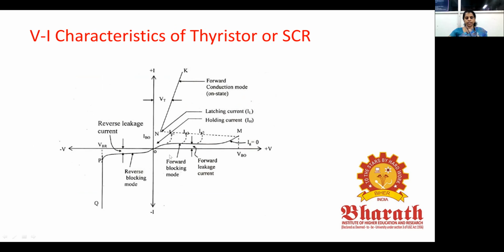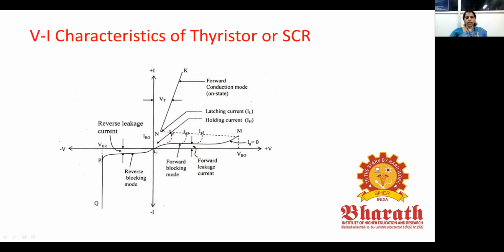In mode 1, that is in quadrant 1, we get the forward biased characteristics, and in quadrant 3 we have the reverse characteristics, or we call it the reverse blocking mode. Quadrant 1 will give you the forward conduction mode, and your SCR, as I said, conducts only in forward bias condition. So only in this mode is your SCR said to be in on condition.